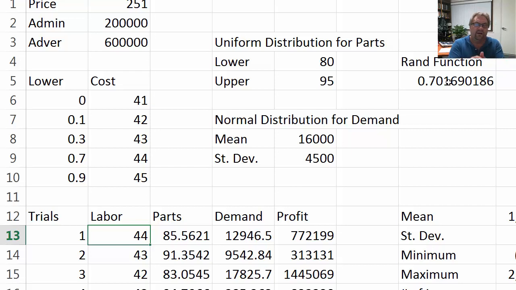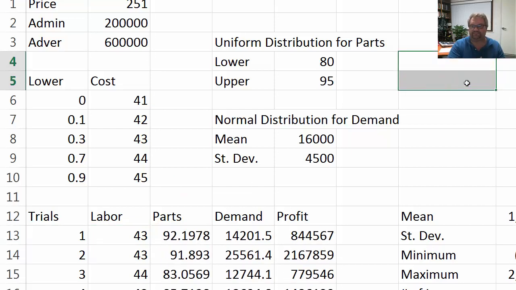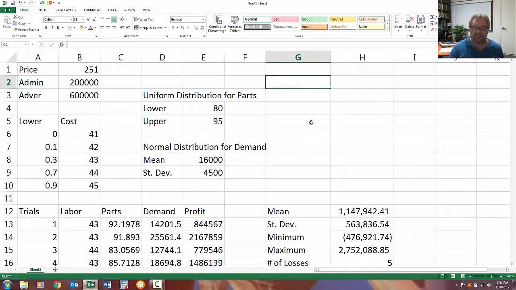Never ever do that, because that destroys the independence between labor, parts, and demand. Right now, they're all referencing the same RAND function, okay? And so they're all going to be tied together in a sense, right? So never do that. You lose the independence. So let's just get rid of that. Okay, well, there you go. There is the complete model.